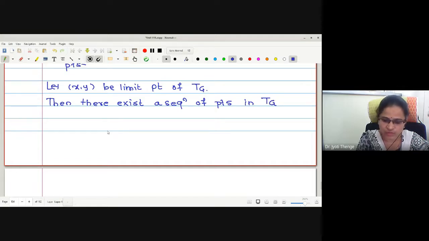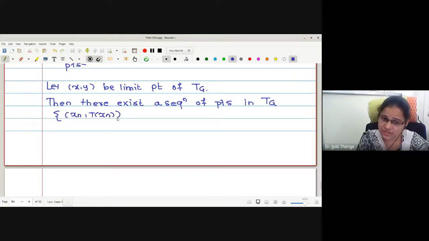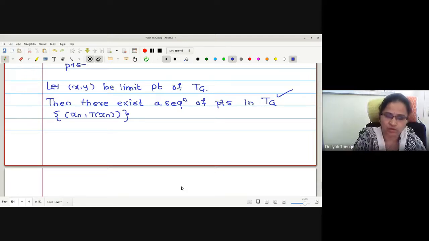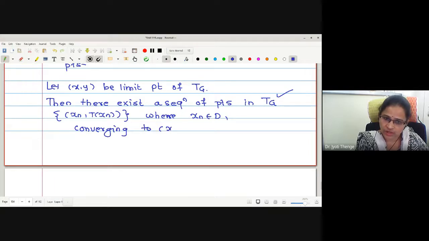What will be the sequence? In TG, the sequence type will be (xn, Txn), where xn is in D. There exists a sequence of points in TG, where xn is in D, converging to (x, y). Right?